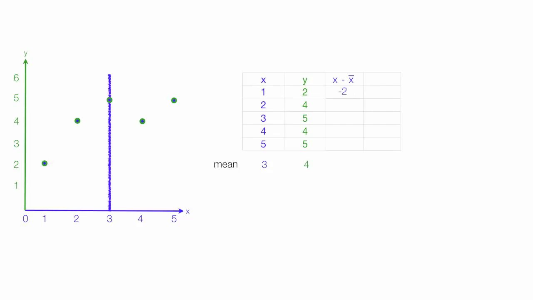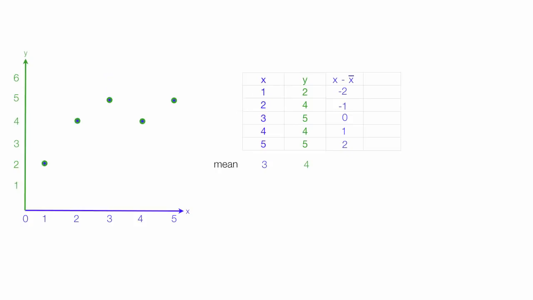The next point is 2 minus 3, the mean of 3, which is negative 1. The next observation happens to be right on the mean, so it's 3 minus 3, which is 0. Now I have 4 minus 3, which is 1. And finally 5 minus 3, which is 2.